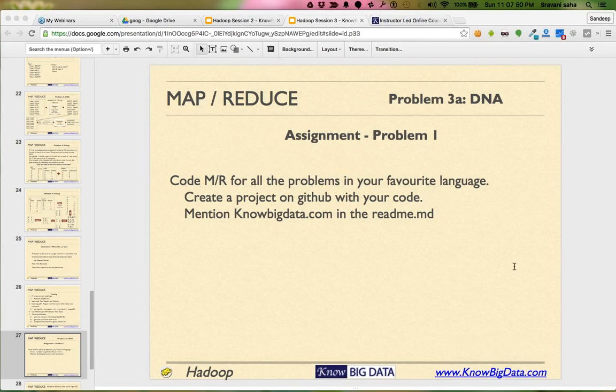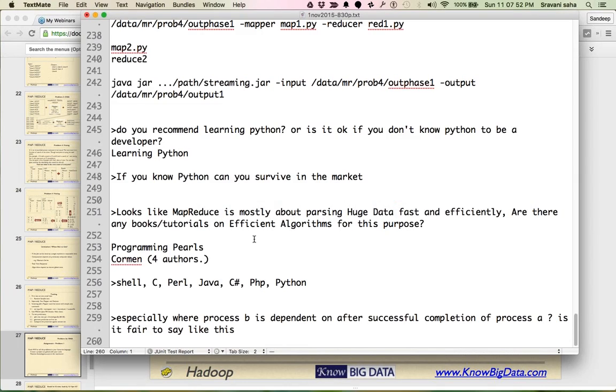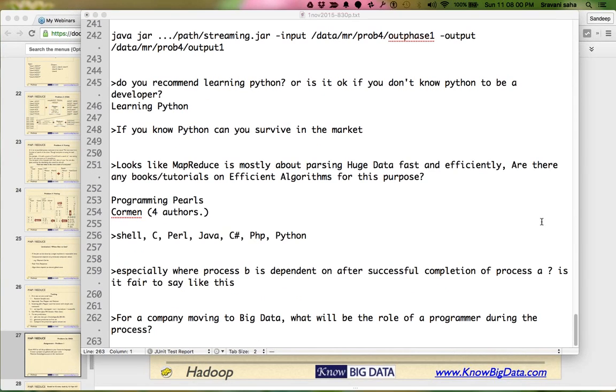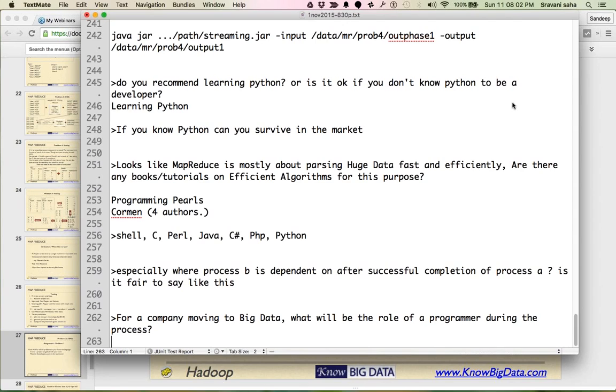So Veena's question is, for a company moving to big data, what will be the role of the programmer during the process?